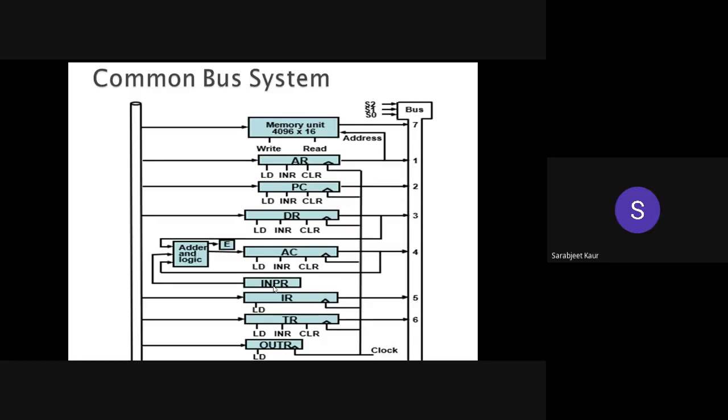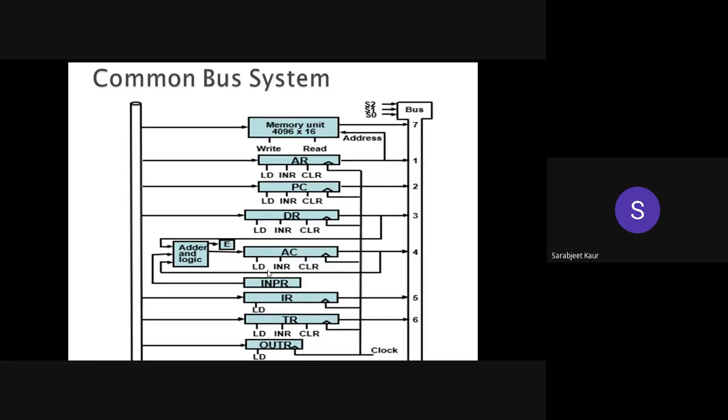Similarly, we had said that the job of the input register is to accept a character from the input device and pass it on to the accumulator. So the contents of the input register are not for any other register, and it does not put them on the bus.